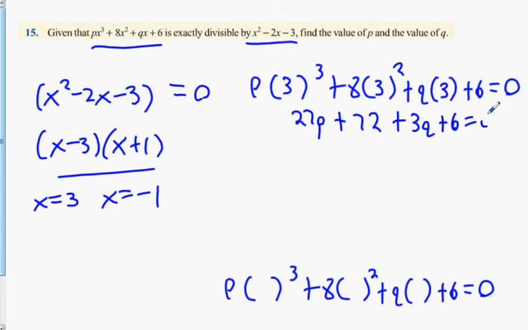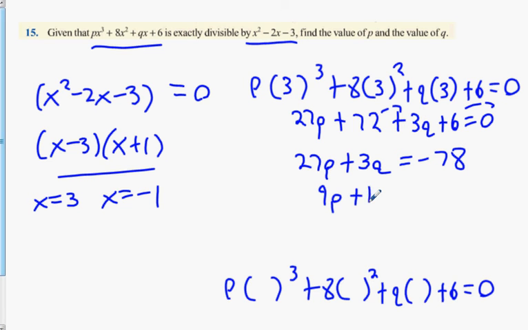Plus 6. 27p plus 3q plus 78. Bring it over to your side. Equals minus 78. I'm going to divide everything by 3. So I get 9p plus 1q equals minus 26.